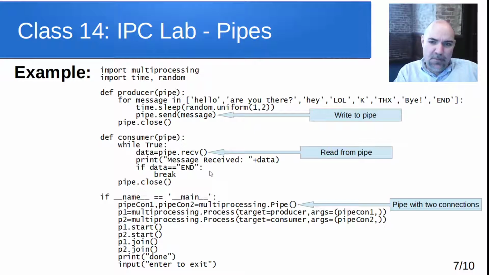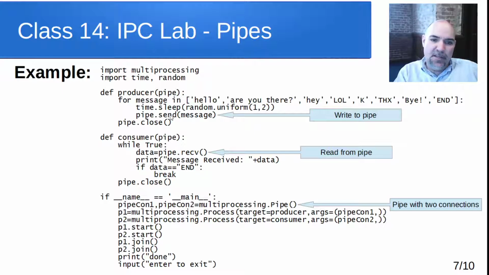If it ever receives the message end, then it breaks out of the loop and it closes the pipe. Down here in our main program, we create a pipe that has connection 1 and connection 2. And then we're going to pass one end to the producer. We're going to pass the other end to the consumer. And then the producer is going to put messages into the pipe. The consumer is going to pull messages out of the pipe.